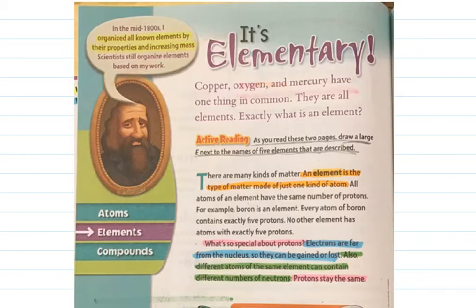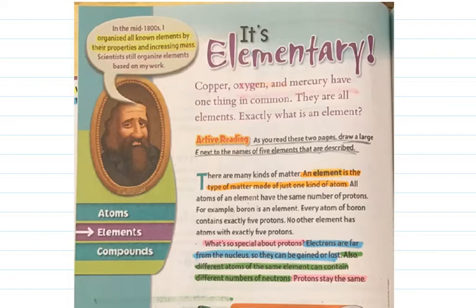What's so special about protons? Well, electrons are far from the nucleus, so they can be gained or lost. Also, different types of atoms of the same element contain different numbers of neutrons. But protons stay the same.